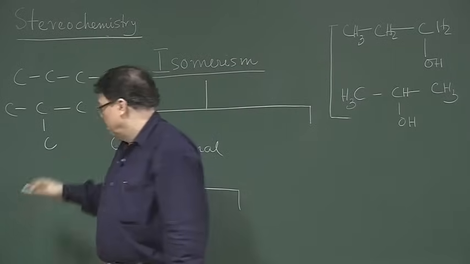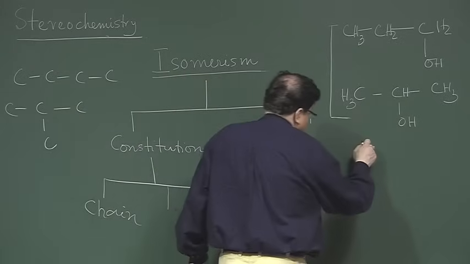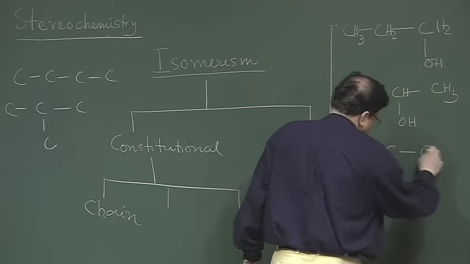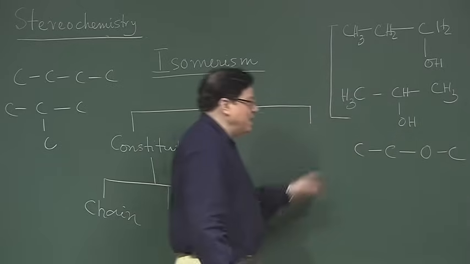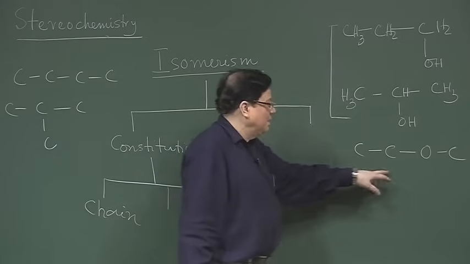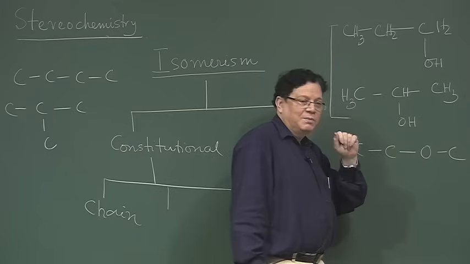And another class of constitutional isomerism is what is called functional group isomerism. I am not again putting the hydrogens. So, this is a ether molecule. So, this is ethyl methyl ether.